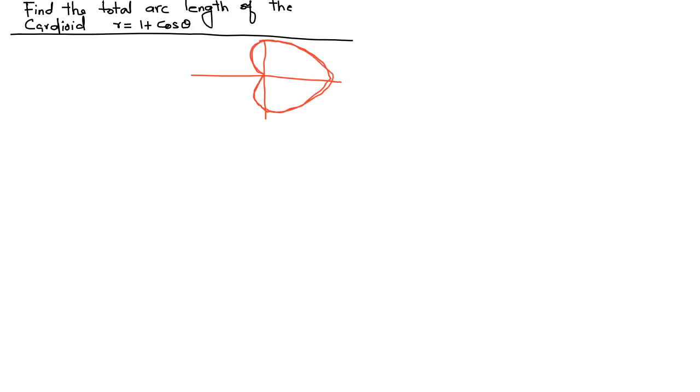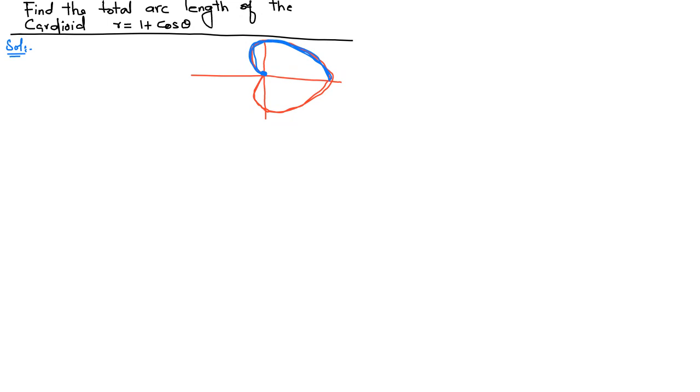Now tell me, this graph from this point to this point is exactly the same in the downside, right? This upper part and the lower part are exactly the same, right? Yes or no? So it means if you find the arc length of the upper part and make it double, 2 times, you get the full arc length.